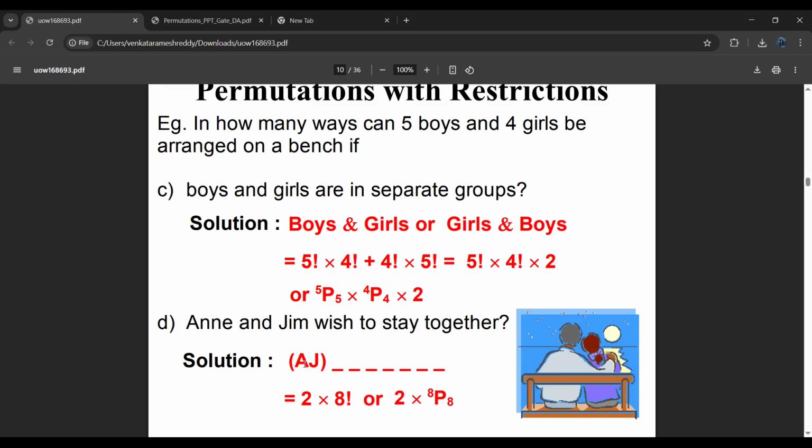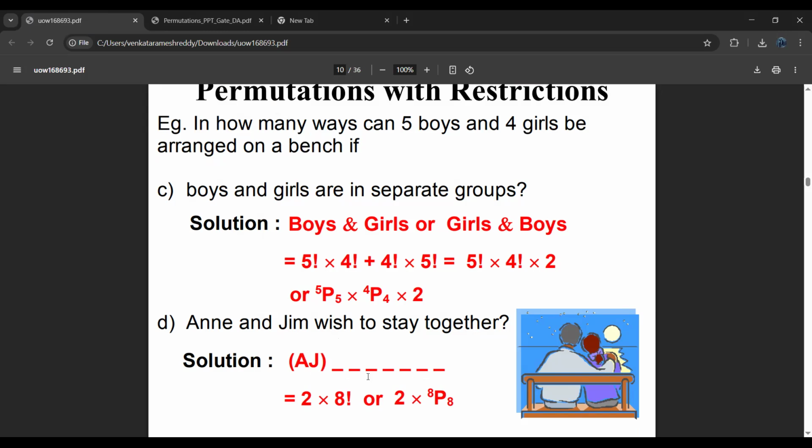Why is it included? Because they are asking only about A and J staying together. Whenever you do this together, you make A and J one group, and the remaining are separate. Consider this as one group, and the rest as two, three, four.